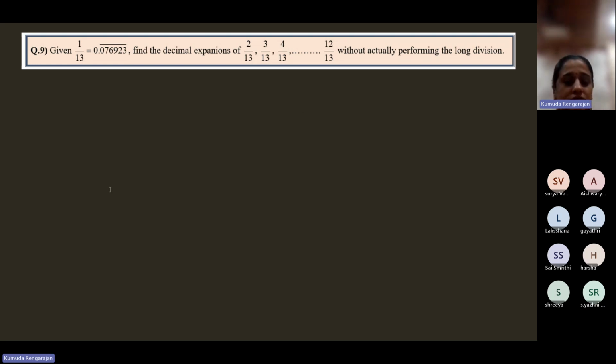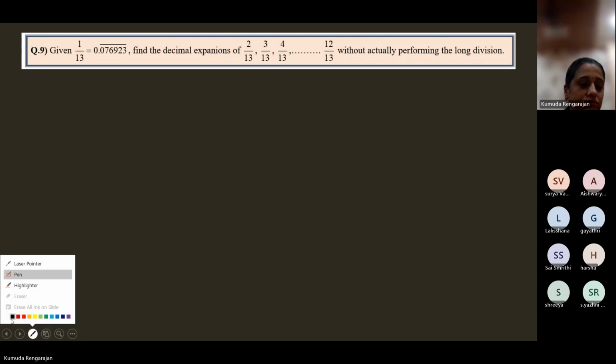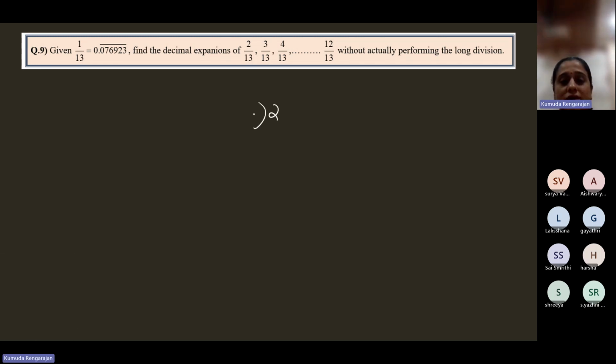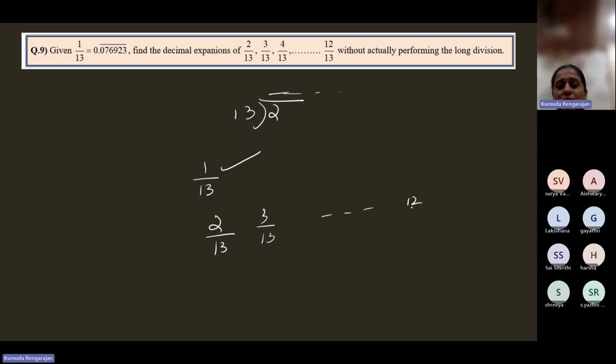You should not divide 2 by 13 like this and find the decimal value. No. You're given the value of 1 by 13. Using this, you should find the decimal expansions of 2 by 13, 3 by 13 till 12 by 13.